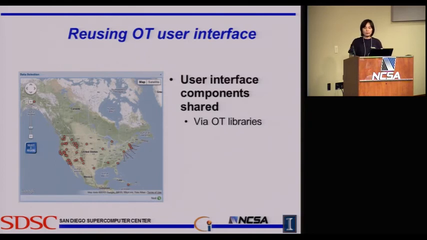So we worried about how we would implement this OT functionality. But fortunately, the OT team developed this interface as a reusable JavaScript library, so we could simply import it into the CyberGIS Gateway and then make the look and feel of this interface consistent with the other CyberGIS Gateway interfaces. So using the reusable library helped this integration to a great extent.